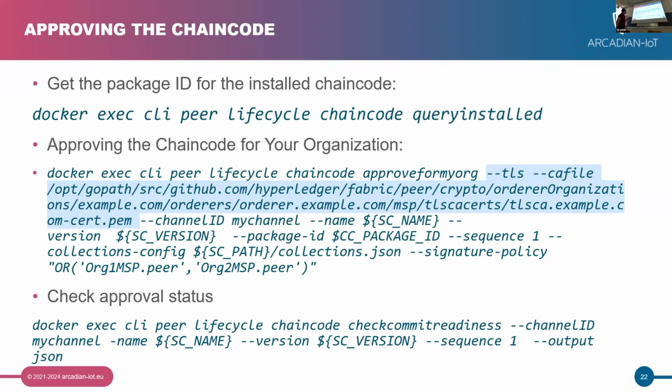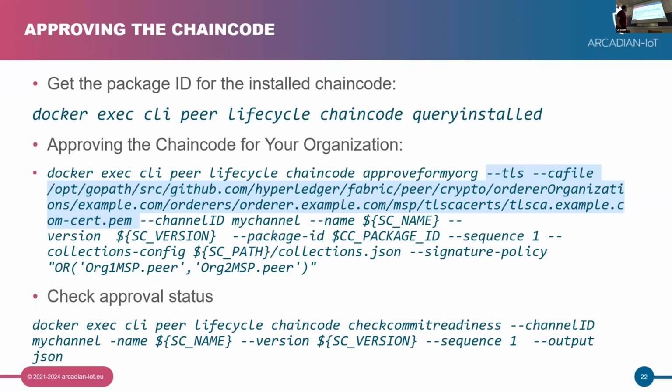In this case, you have to approve your chain code for your organization. So this step needs to be performed for every organization that is deploying the chain code. In this case, this is for the first organization. The second organization will perform this same command, but with its own certificates.